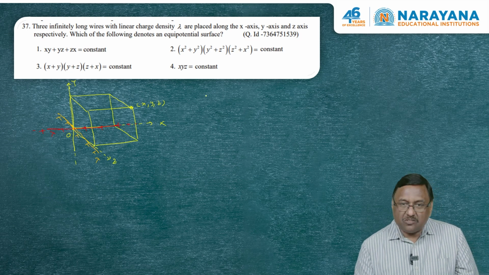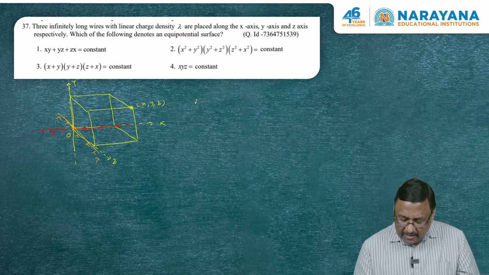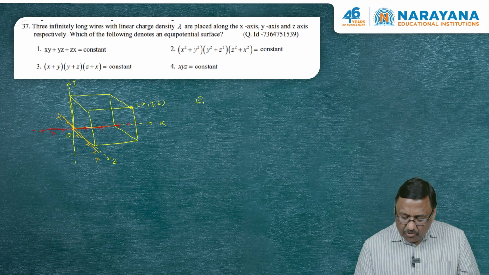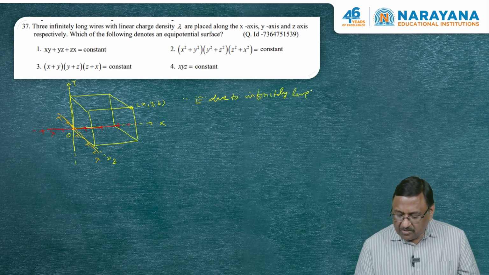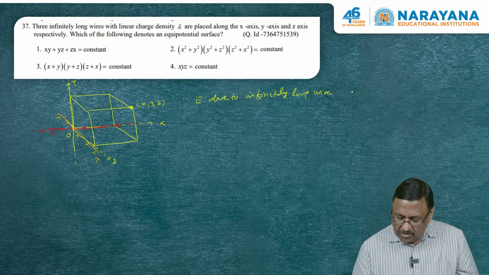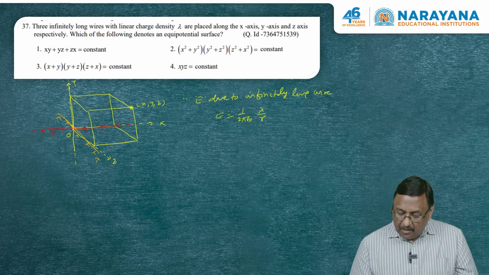You know very well that in electrostatics, the electric field intensity due to an infinitely long wire, by Gauss law, we can write E is equal to 1 upon 2 pi epsilon 0 into lambda upon r.